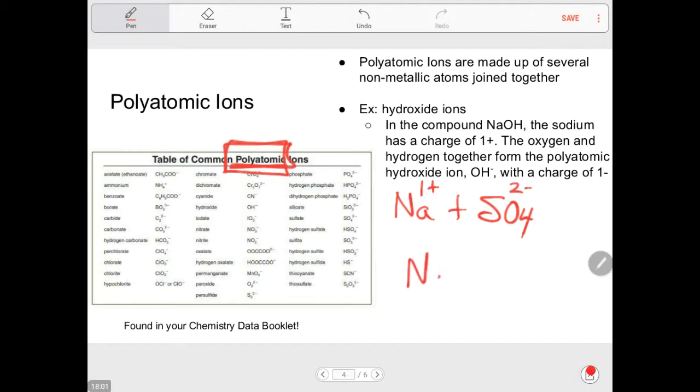So which one do you need 2 of? Well, it should be the sodium. But the thing you have to ask yourself is, does sodium need a bracket around it? And the answer is no. We only put brackets around the polyatomics. So you can just go 2. Na2SO4, sodium sulfate. Very, very important.